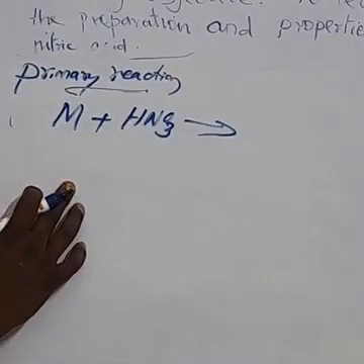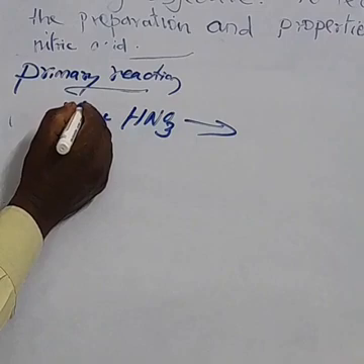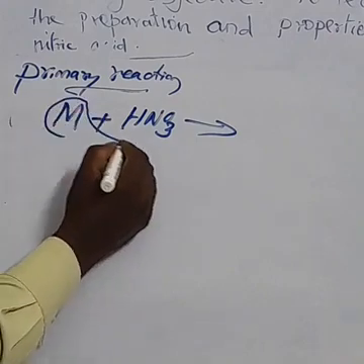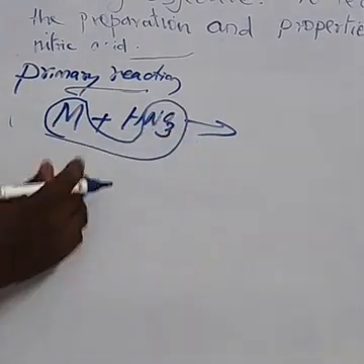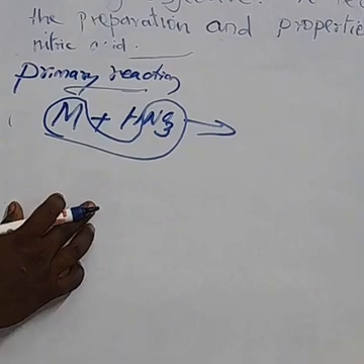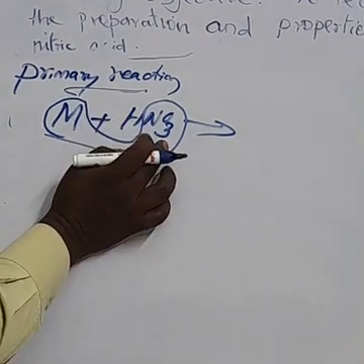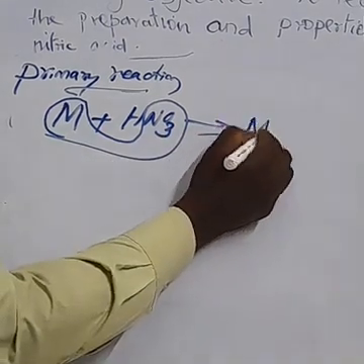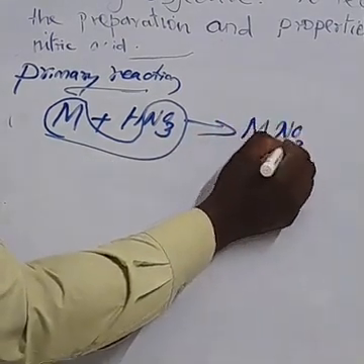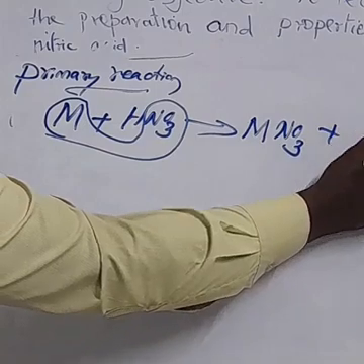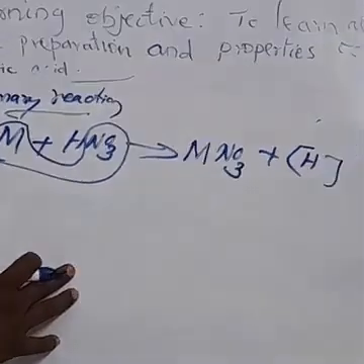So what's the product? Can you say? The metal combines with NO3 to form a metal nitrate with the evolution of nascent hydrogen. This is the first one.